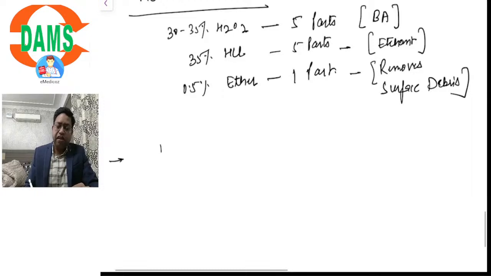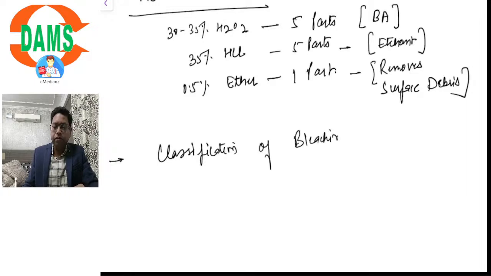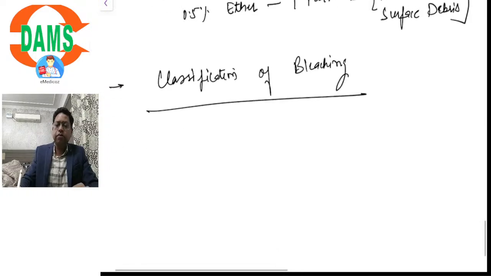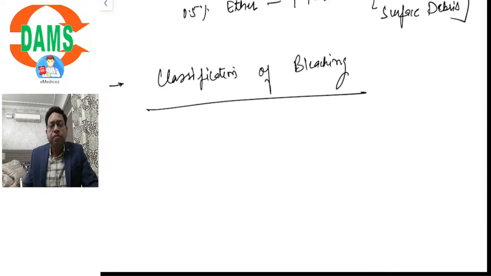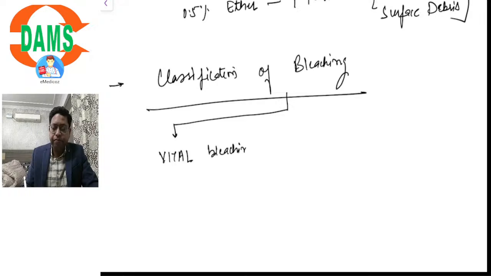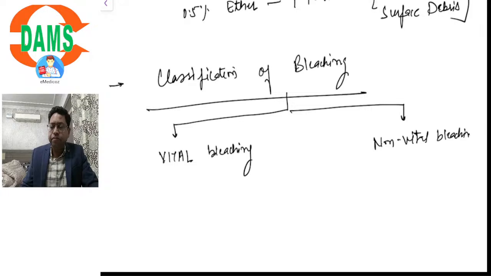Now we talk about classification of bleaching treatment. Depending upon the condition of the tooth that we are bleaching, either we are bleaching a vital tooth, so it is called vital bleaching, or we require to bleach a non-vital tooth, so it is accordingly called non-vital bleaching.